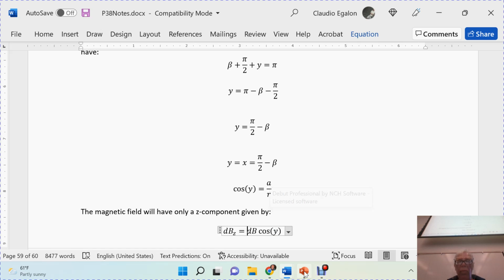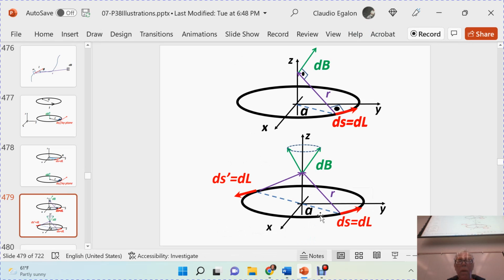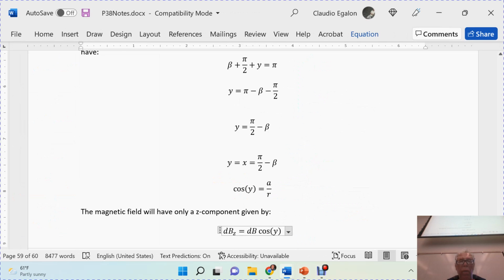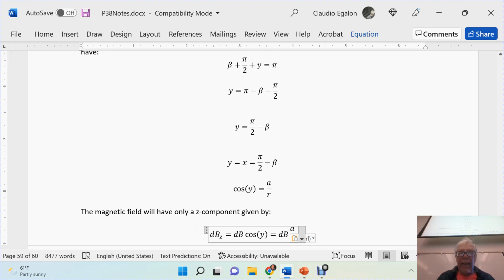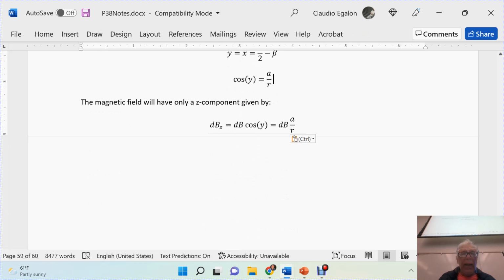Oh, let's make sure it's cosine of y. Okay, yeah, cosine of y, which is a over r. And now it's just a matter of calculating the B and then integrating. Let's go get it. Here you go.